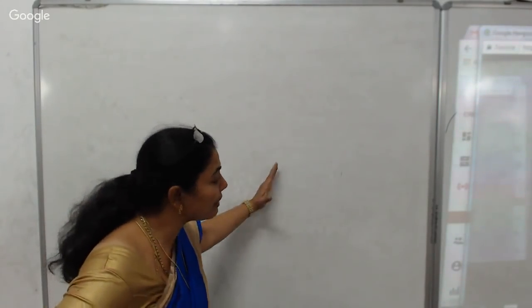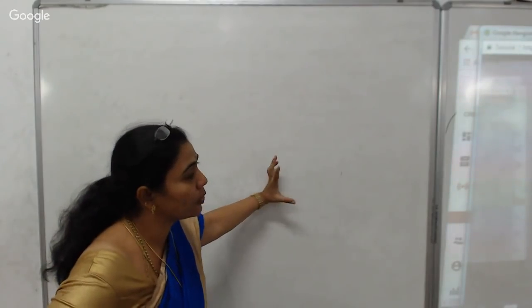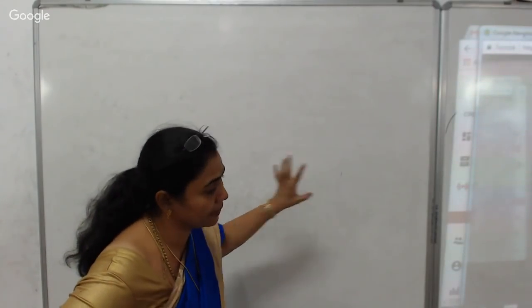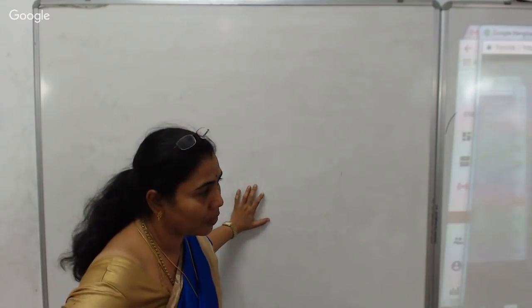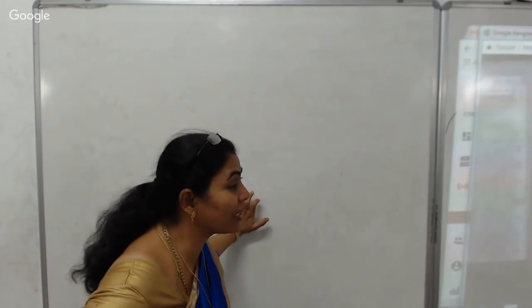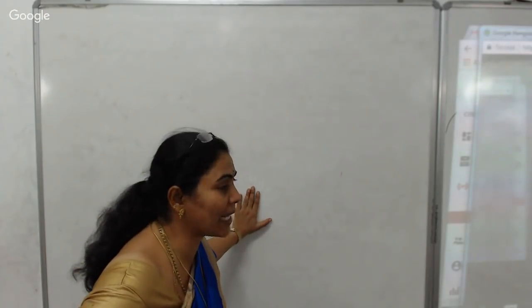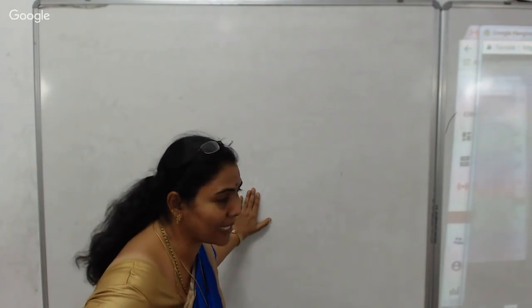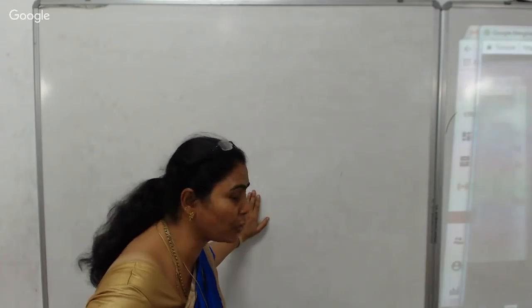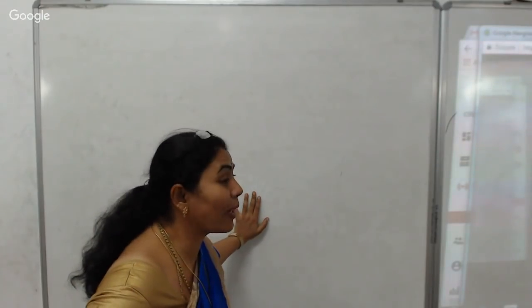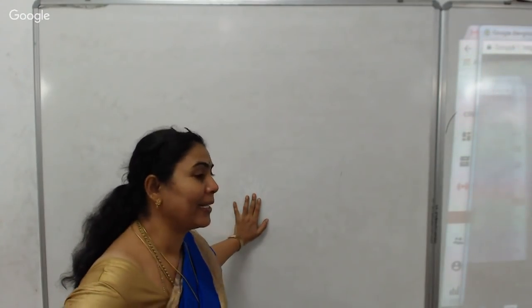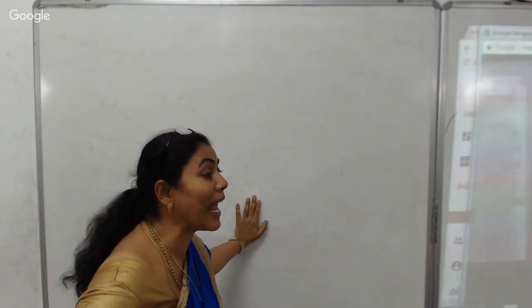Okay, so we use the words concentrated and dilute in chemistry language. Then how will you measure dilute solutions? There are different methods. One is mass percentage, you can calculate the dilution of a solution. Next, you can use molarity. Next, molality.